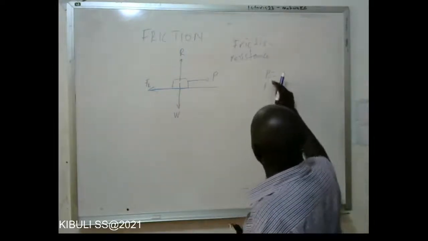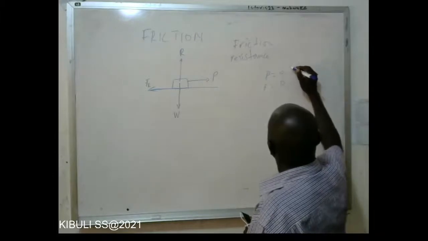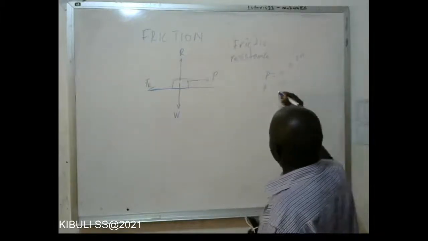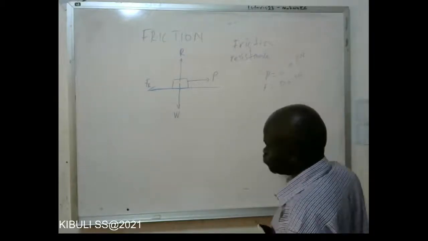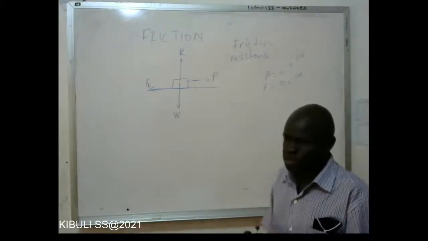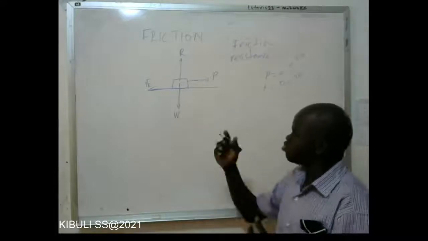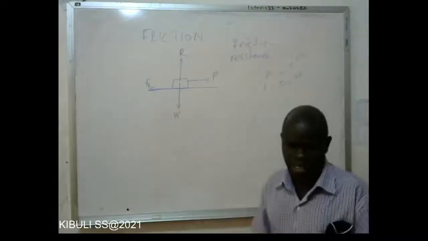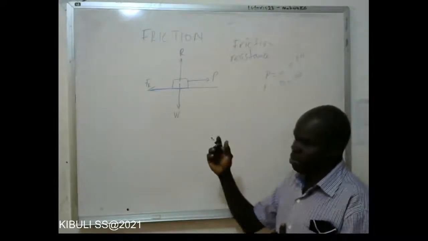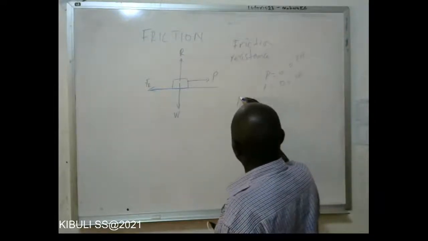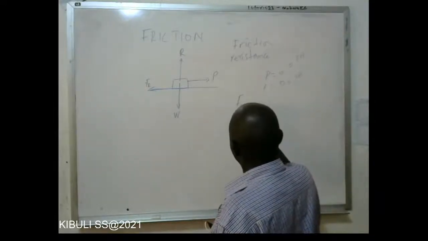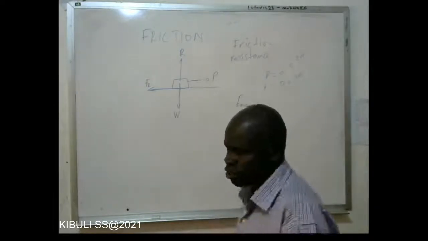When we increase P to, for example, 2 Newtons, the frictional force will increase accordingly to 2 Newtons. The frictional force will increase until it attains a maximum value, and this maximum value we call F max.